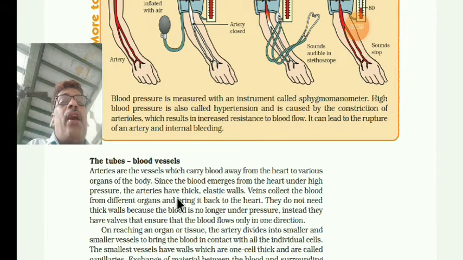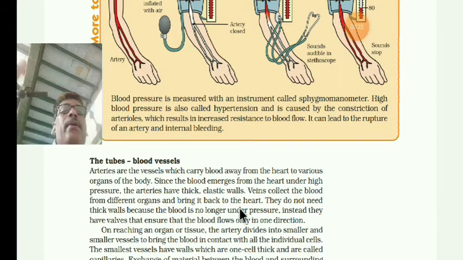The arteries have thick walls. Sometimes the question is asked why the arteries have thick and elastic walls. Because the blood is pushed out from the heart. Veins do not need thick walls. Veins collect the blood from the different organs and bring it back to the heart.